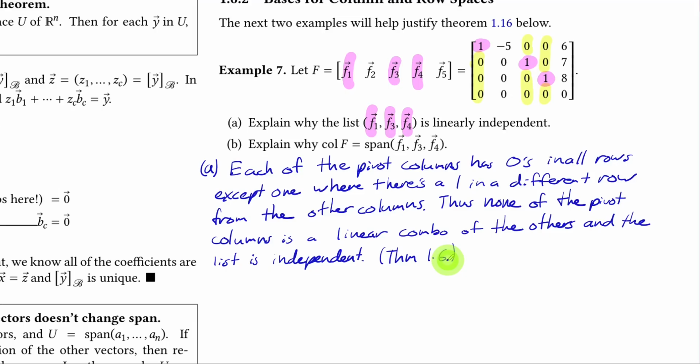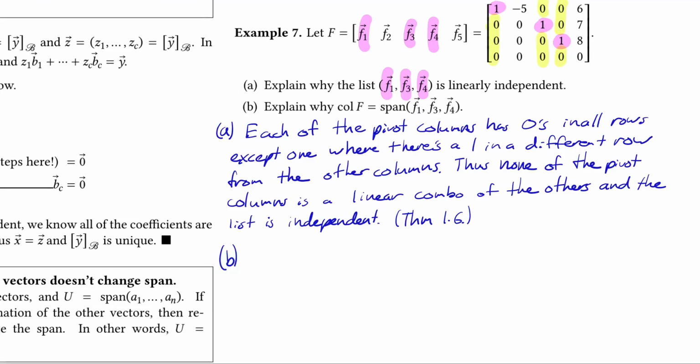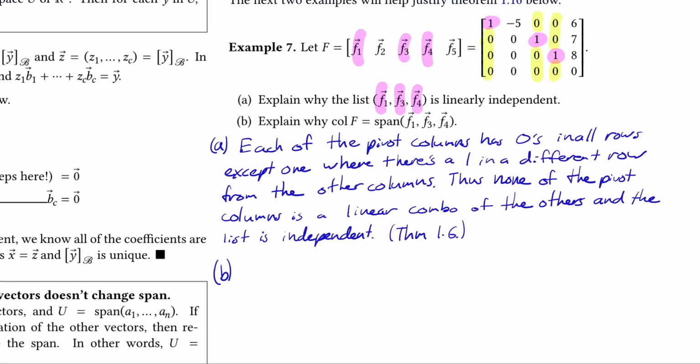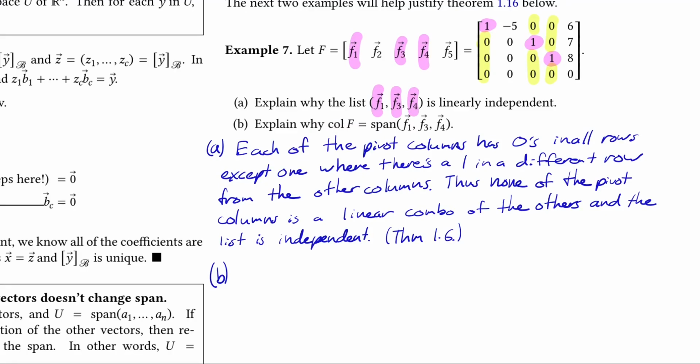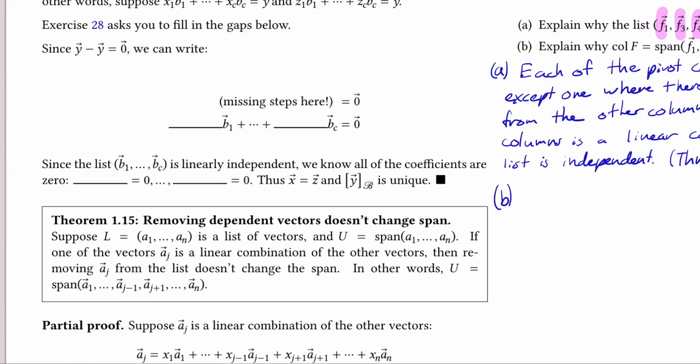Let's look at part B, which says explain why the column space of F is equal to the span of just these 3 columns. Well, the definition of column space in general, it's the span of all 5 of the columns. Why is it that if you remove 2 of the columns, these non-pivot columns, that you will still get the same span? Well, that's actually exactly what theorem 1.5 says. Removing dependent vectors doesn't change the span.